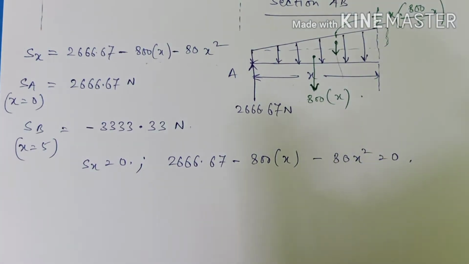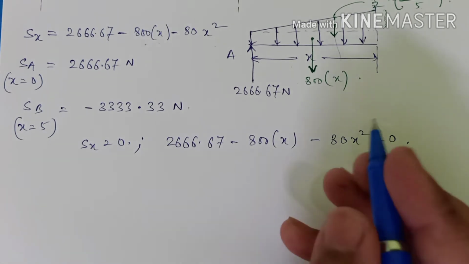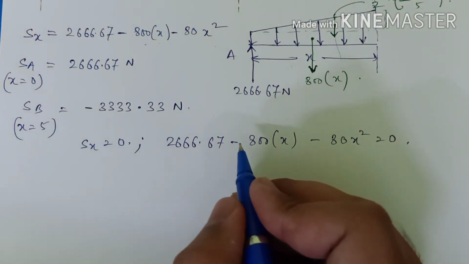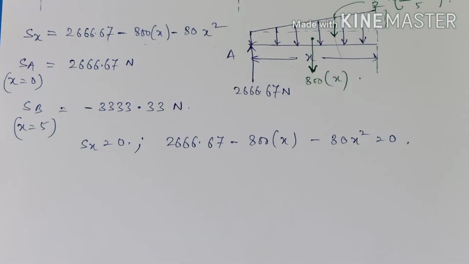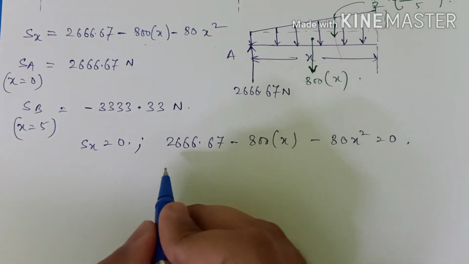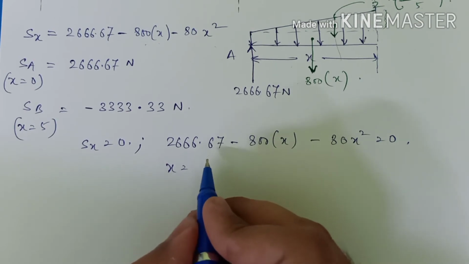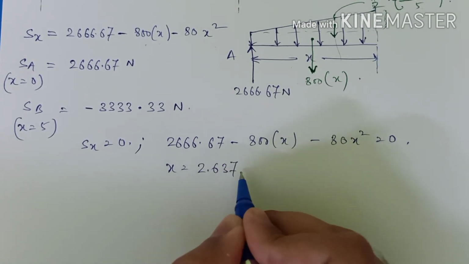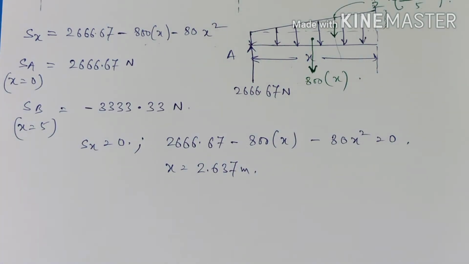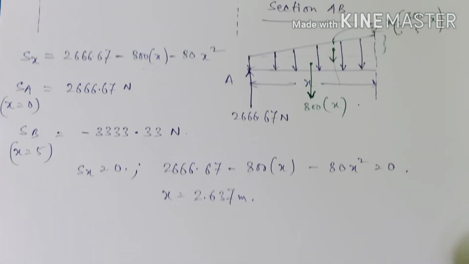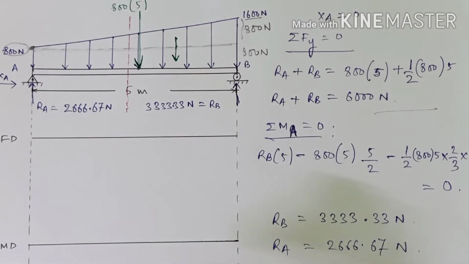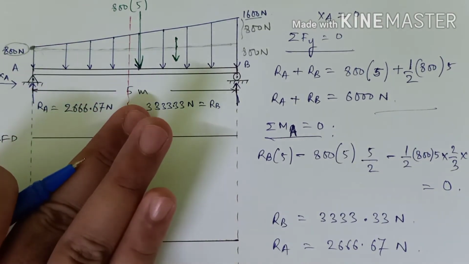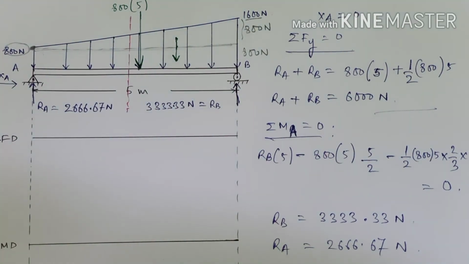You just put this in your scientific calculator, and you will find the value of x as 2.637 meters. So from the origin at a distance of 2.637 meters, the value of shear force will become 0.